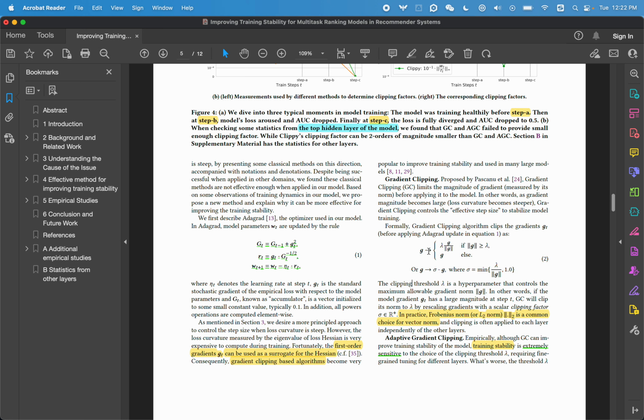Let's see how they update the gradient. You don't have to update the gradient unless it passes some threshold. The threshold is whether the magnitude of the gradient is larger than some lambda.